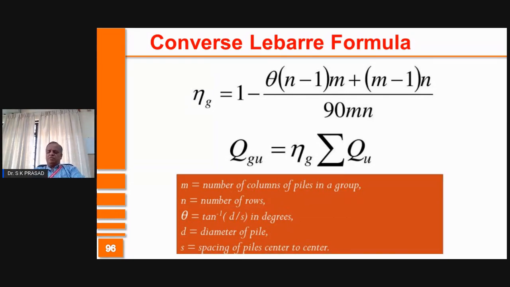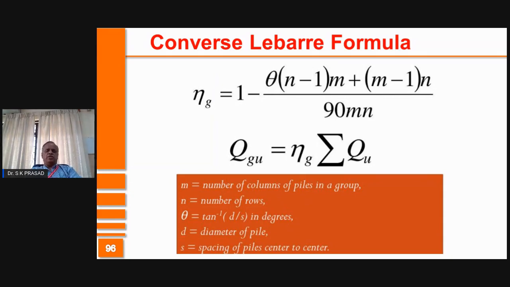At the base, you don't have the problem. Normally efficiency will be 100%. That means if the base capacity of a single pile is x, the total capacity of n piles at the base will be n times x. The problem is always with respect to the portion which is on the surface.